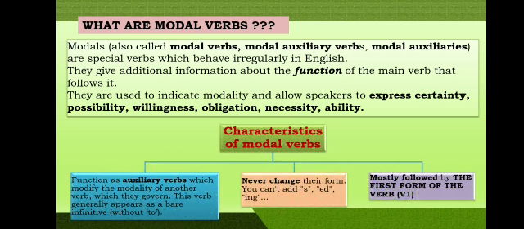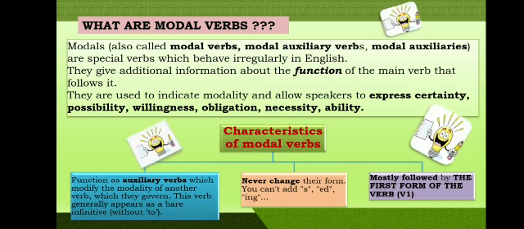First of all, they function as auxiliary verbs which modify the modality of another verb which they govern. This verb or the principal verb generally appears as a bare infinitive, that is without the word to.